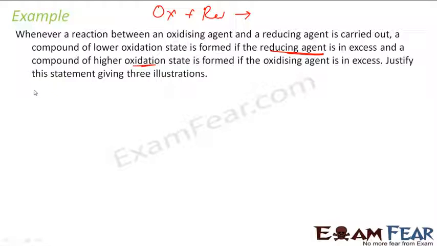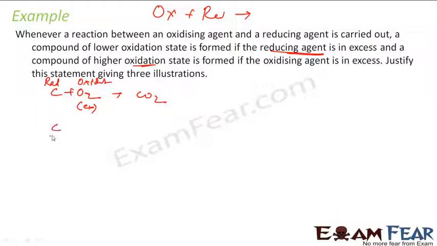Let's take carbon and oxygen, right? So if I have carbon and oxygen, in this case I know my oxygen is oxidant and carbon is reductant. So with this, if you put excess of oxygen, what you get? CO2.